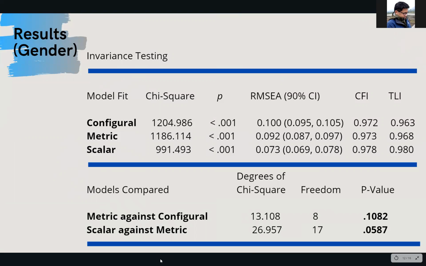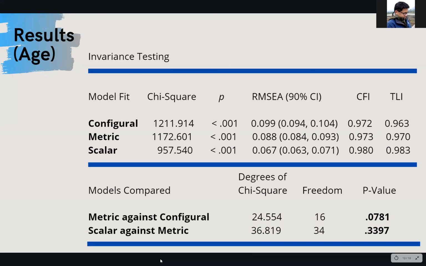Individual model fit for configural, metric, and scalar invariance are shown on the top half of the results, with the CFI and TLI values above the thresholds and the RMSEA values considered adequate or acceptable.